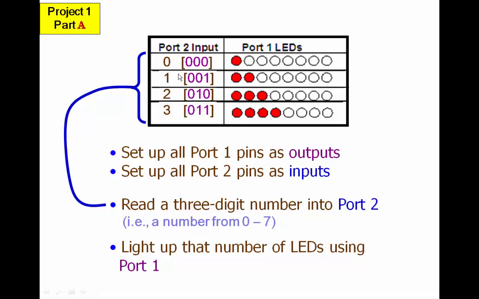In other words, the higher the number read into port 2, the larger the number of LEDs in a row should be illuminated. If you think about this operation, it is in essence creating a bar graph that reads a number into 3 pins of port 2 and produces a bar graph indicating the strength of the number that's applied to the port.